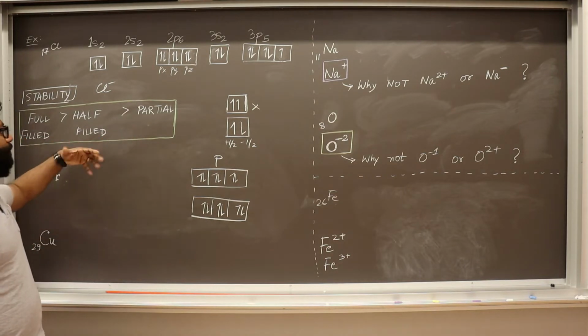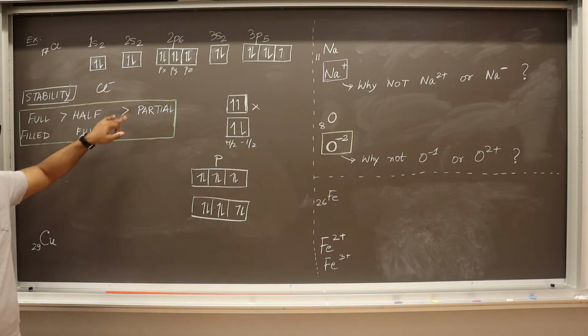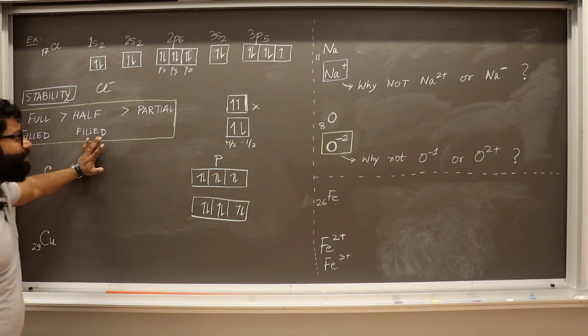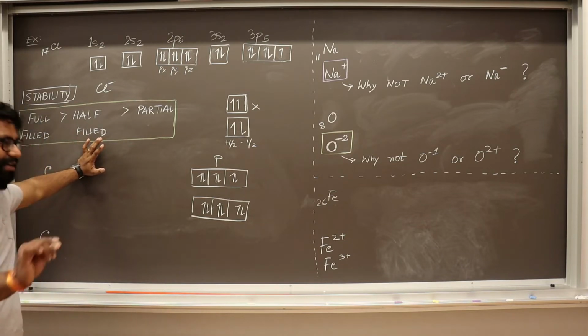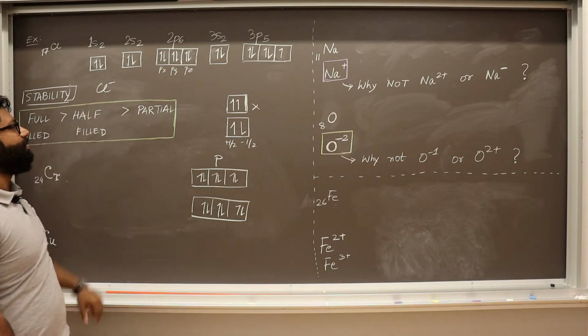So we now have to keep in mind that full filled orbitals are more stable than half filled, which are more stable than the partial. Why? Again, quantum numbers and things like that. We'll try and understand them. But for now, let's try and understand how this will help us understand the electronic configurations.